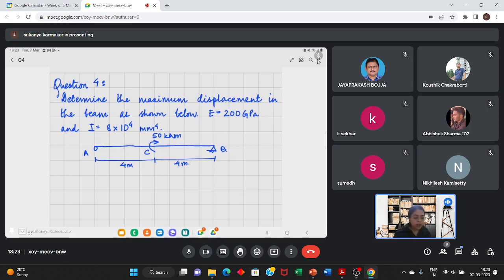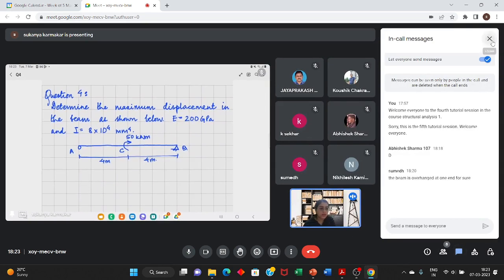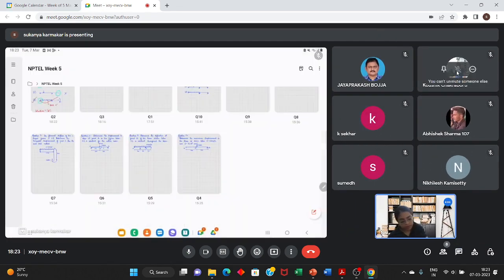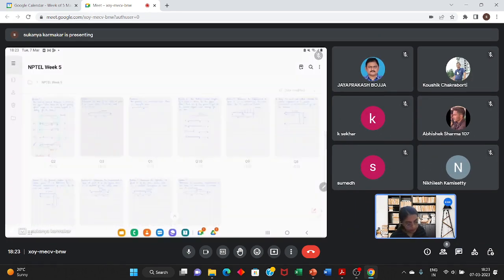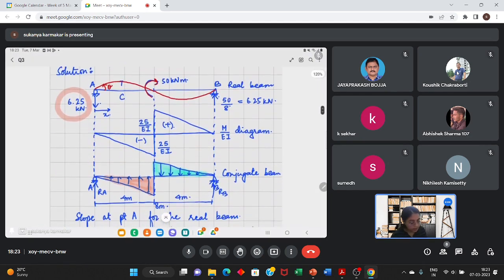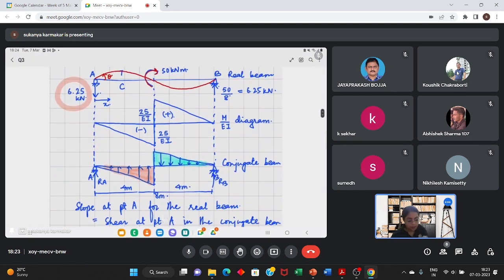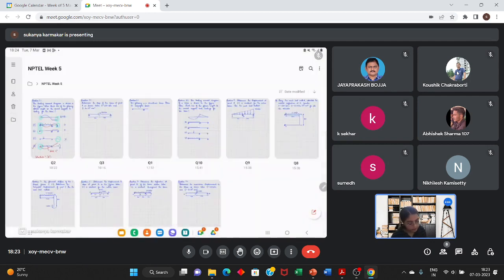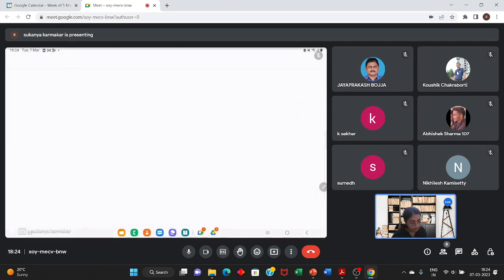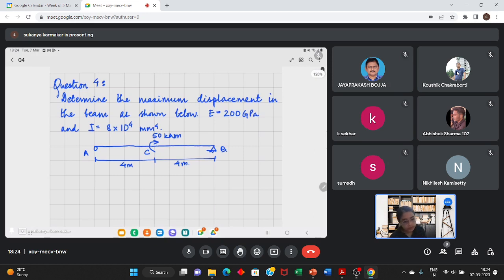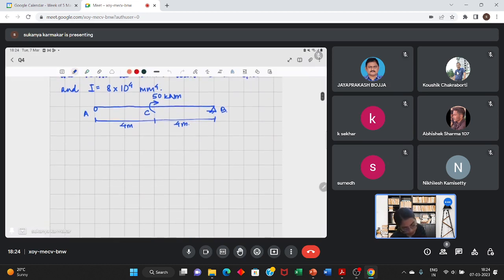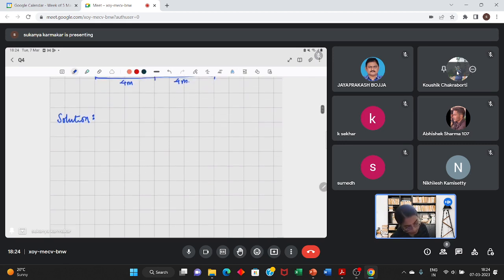So from the last question, we know the M by EI diagram. The M by EI diagram is known. So this is the M by EI diagram. So let's redraw it.